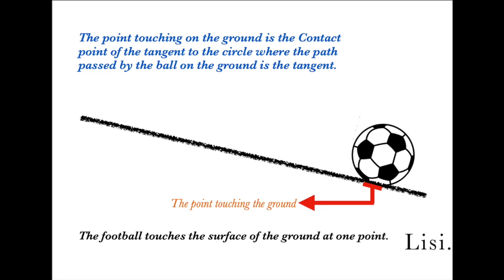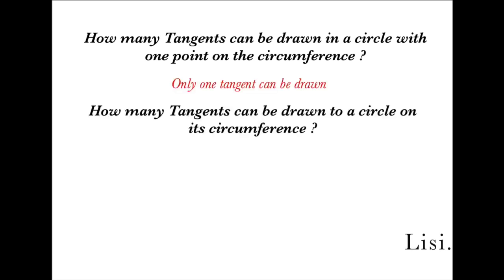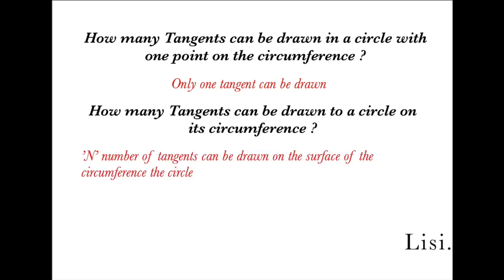Are you clear? Now, can you tell me how many tangents can be drawn to a circle at one point on the circumference? Only one tangent can be drawn. And how many tangents can be drawn to a circle on its circumference? N number of tangents, because on the circumference you have so many points.